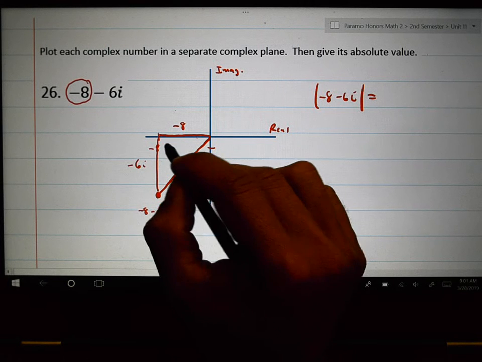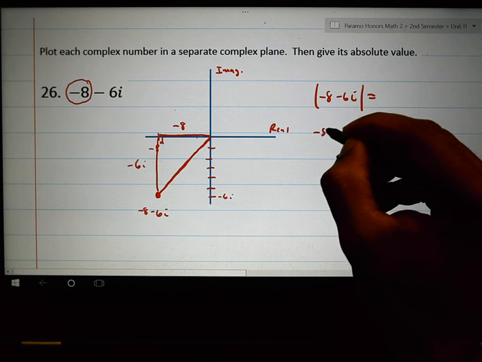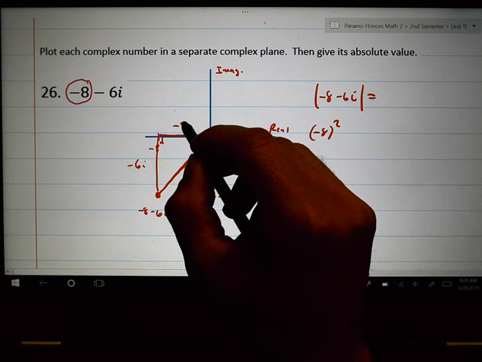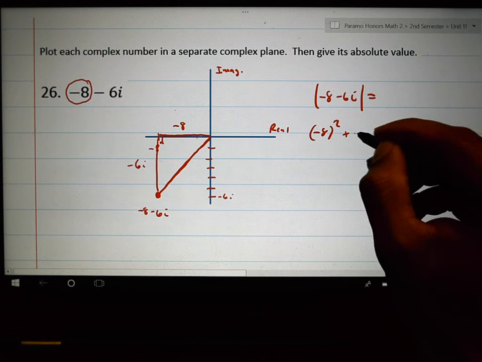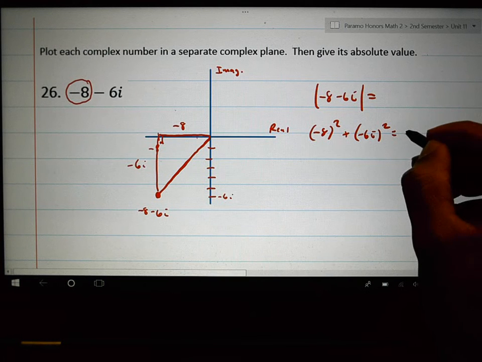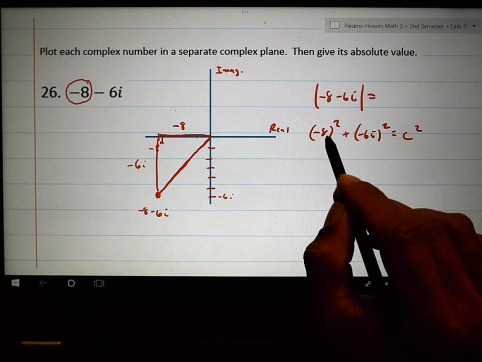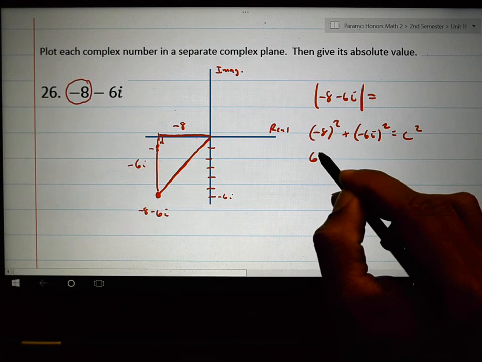We're going to use the Pythagorean Theorem: a squared plus b squared equals c squared as a distance. So we're only really going to focus on the positive distance. I don't need to worry about negative distance here. Negative 8 times negative 8? 64.